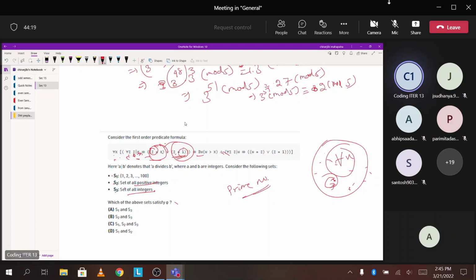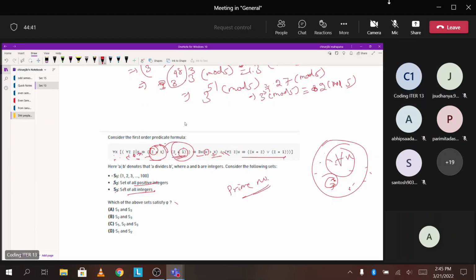So here you have to take any w that will be greater than this x and satisfying the same condition. That means here it is saying that if you have a prime number, then you can find out a prime number greater than the x.